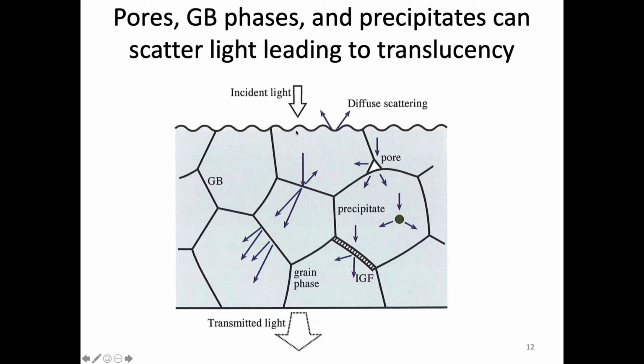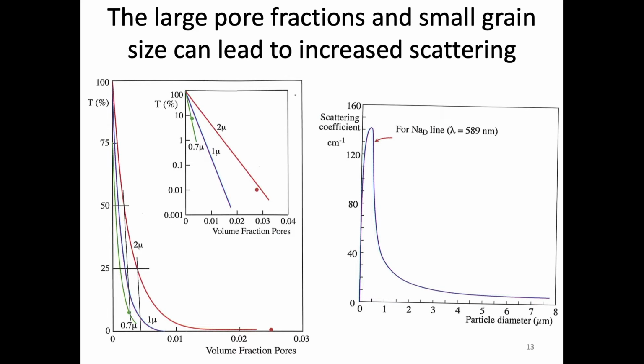We're typically talking about visible light, which is going to have a specific wavelength. So if we look at a wavelength of 589, for that material, and we look at how much is scattered as a function of the particle size, more is going to be scattered at a particular wavelength, or a particular particle size is going to scatter more than others.